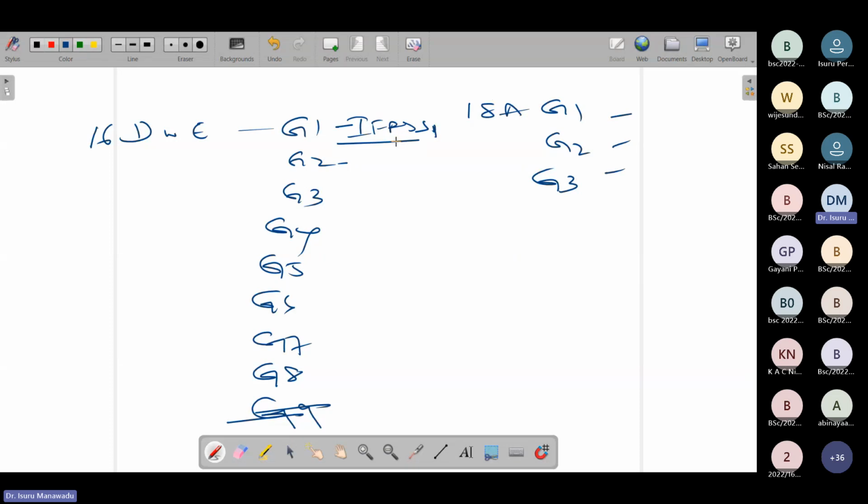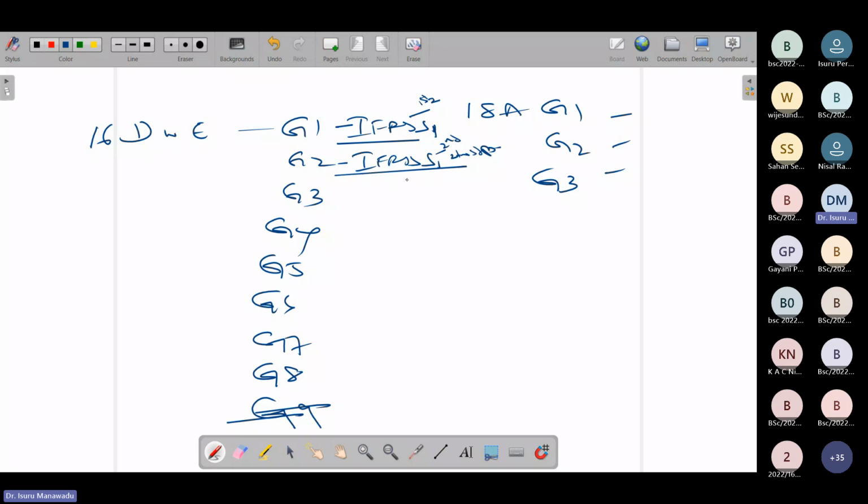So you need to study about IFRS S1 and give the presentation on IFRS S1, first 2 steps. Then IFRS S1, second 2 steps.